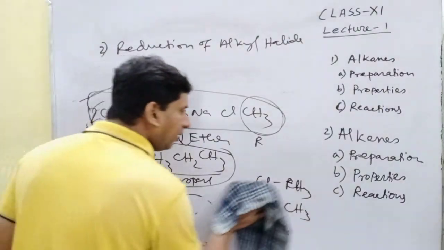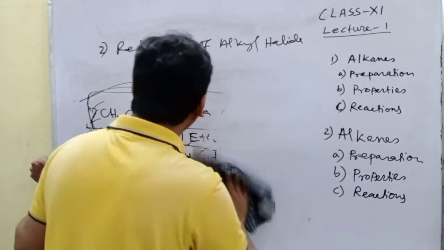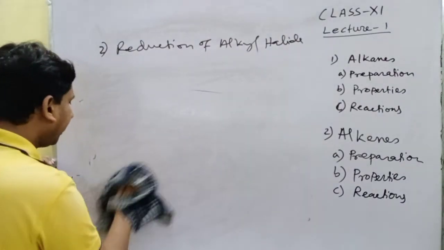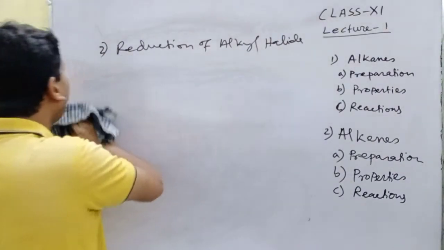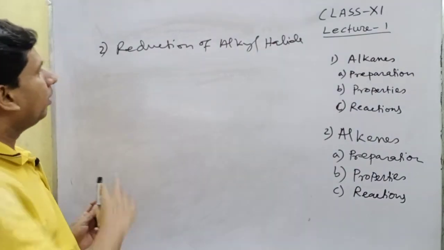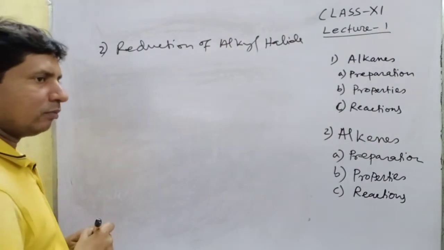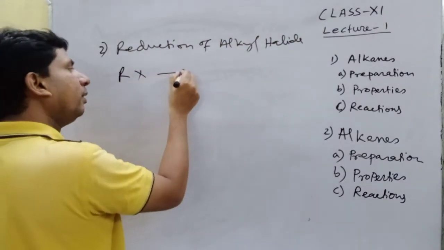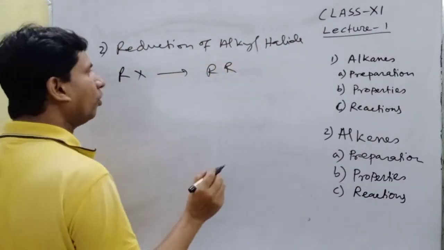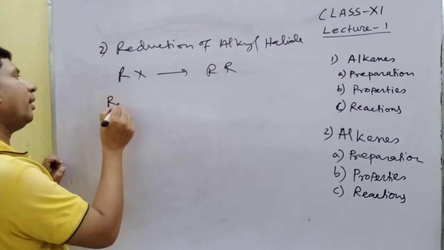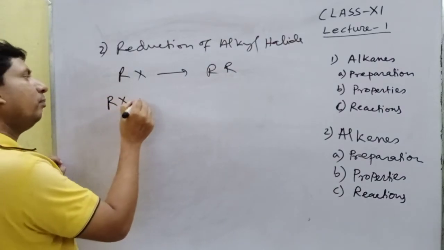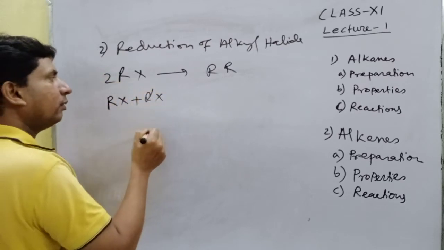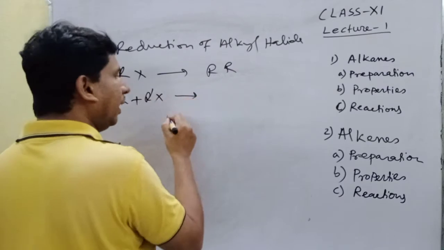So to prepare even-number-of-carbon-containing alkane, there is no problem to use the Wurtz reaction, because always if it is RX, then we will get R-R, no problem. But if we use RX plus R dash X, then there is a problem.